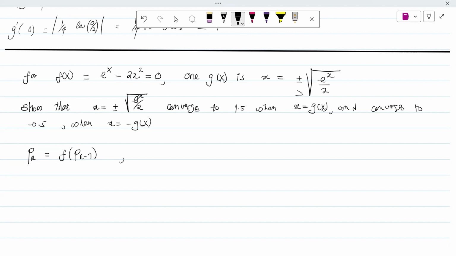So what you need to do here now is just start doing the iterations. And how do we do those iterations? We're going to use the formula which is given to us, and from this formula now we can apply it.